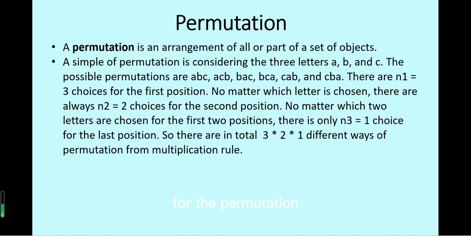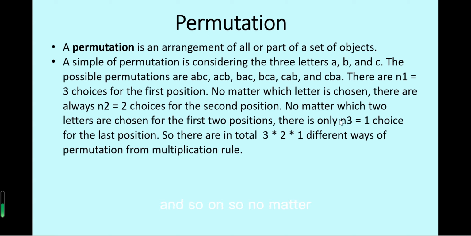A permutation is an arrangement of all or part of a set of objects. A simple example is considering the three letters A, B, and C. The possible permutations are ABC, ACB, BAC, and so on. So there are 6 different ways of arranging these 3 letters. Because there are n1 equals 3 choices for the first position. No matter which letter is chosen, there are always n2 equals 2 choices for the second position.